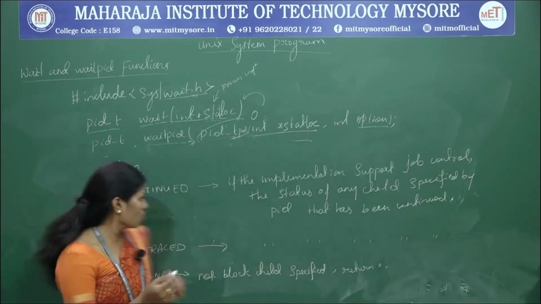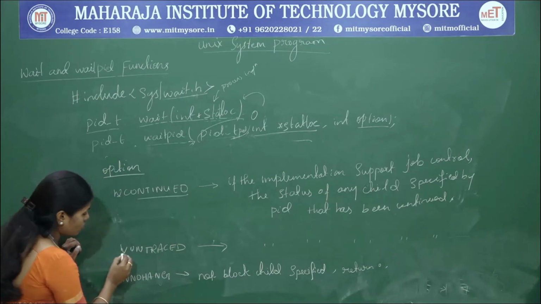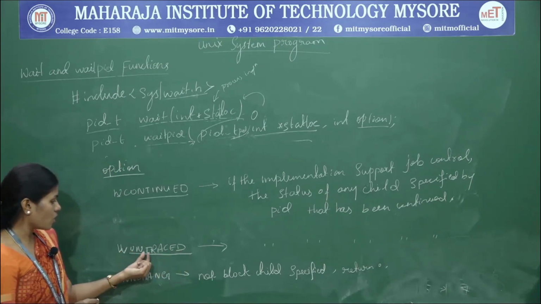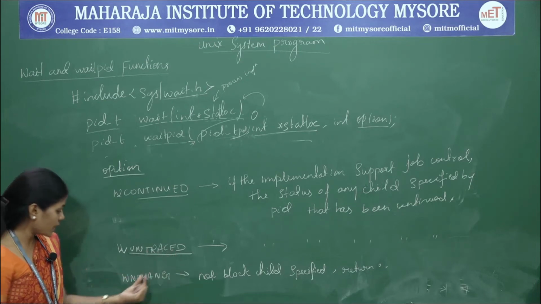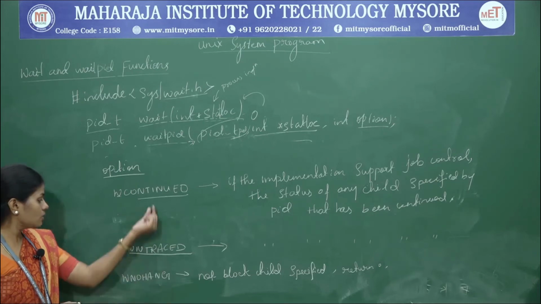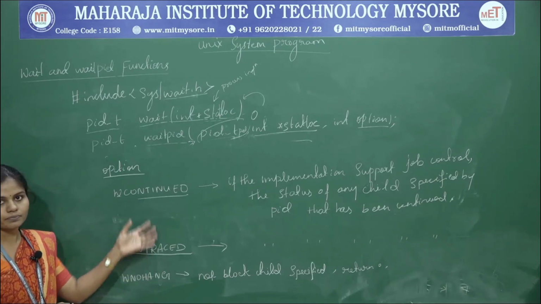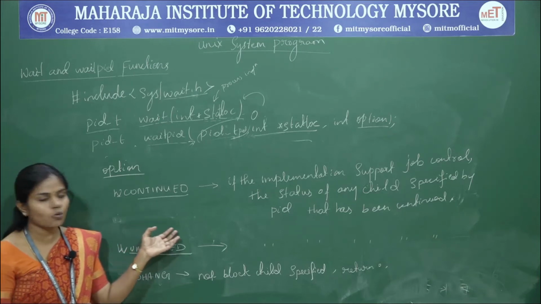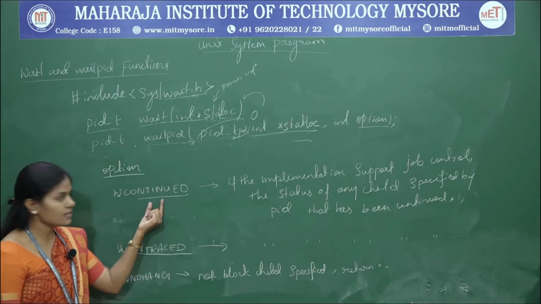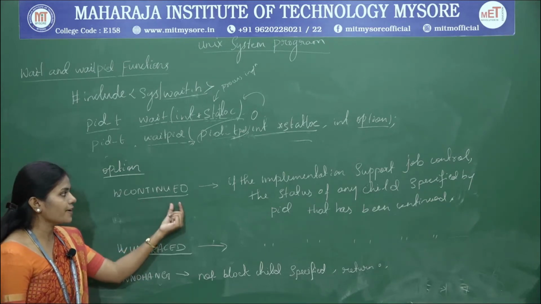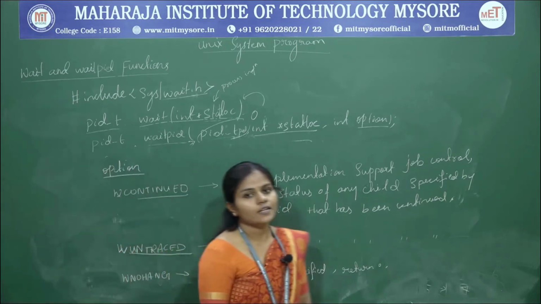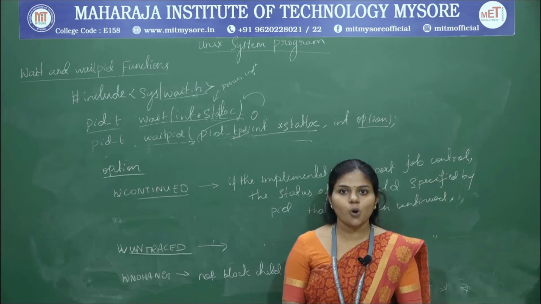Next one is WUNTRACED, right? Next one is WNOHANG. These are the 3 important values we can specify for the option argument. Let us see the first one, WCONTINUED, right? Now the thing is that wait does not support job control.